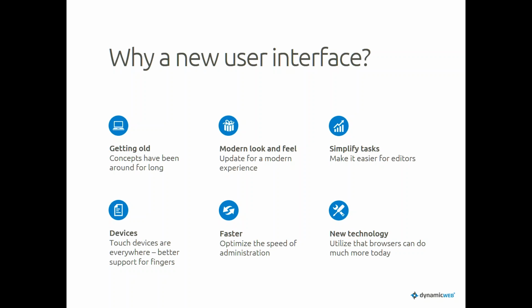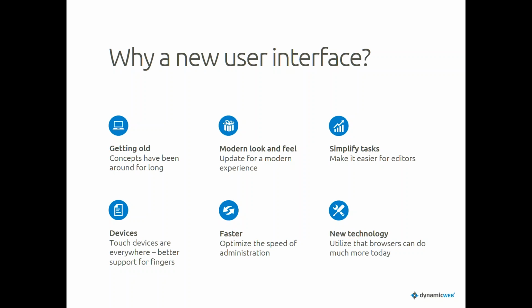Now we've also introduced touch-based support for the administration, so you can now right-click using fingers and stuff like that. In general, we have much better support for devices, especially tablets, than we have in Dynamicweb 8. And all of this is working much faster than the current version of Dynamicweb.